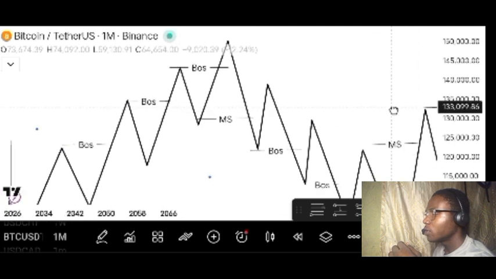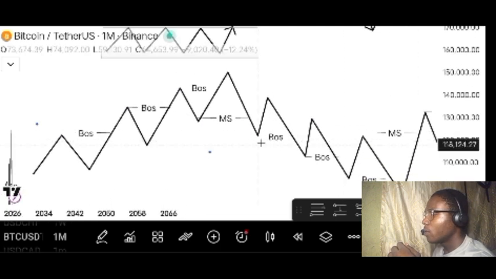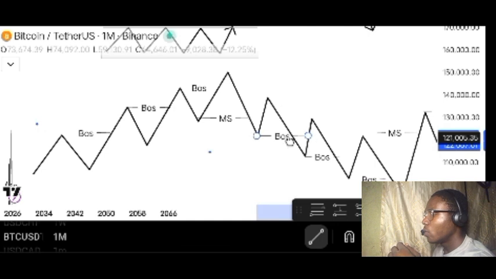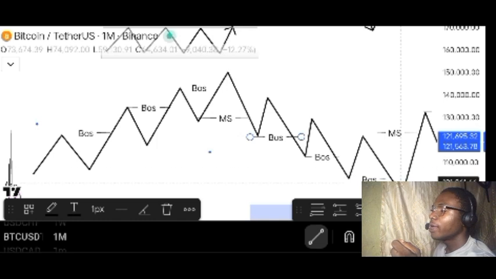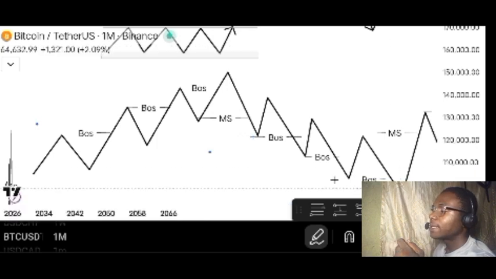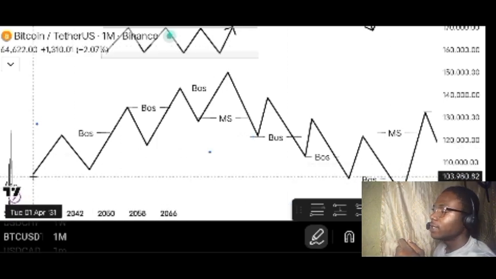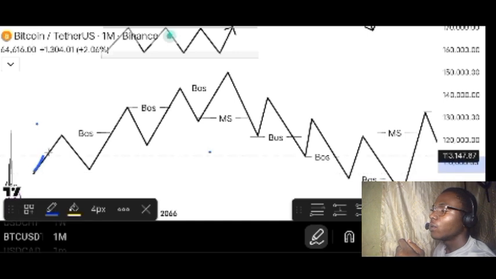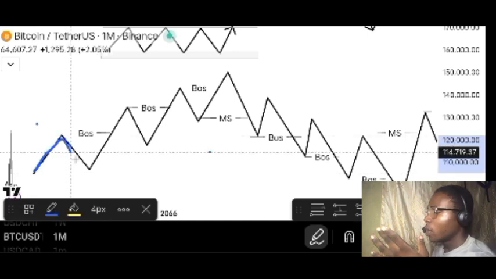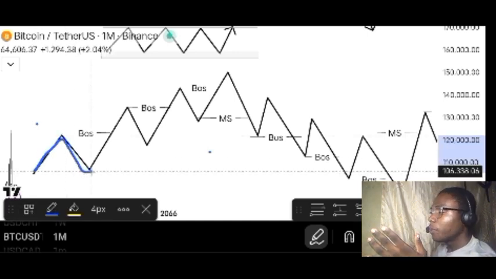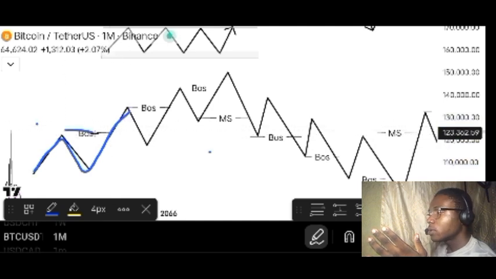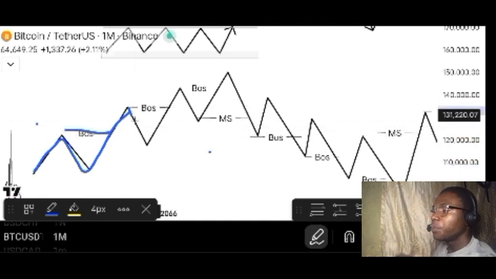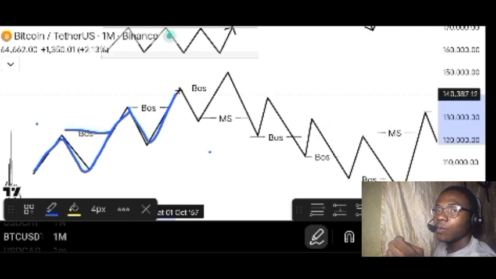You can see the break of structure, higher high, higher low, higher high, higher low, higher high. Then price comes back. Instead of respecting this flow and continuing the bullish part of the market, creating higher highs and higher lows, the price tends to come down and sweep or take out the previous higher low.